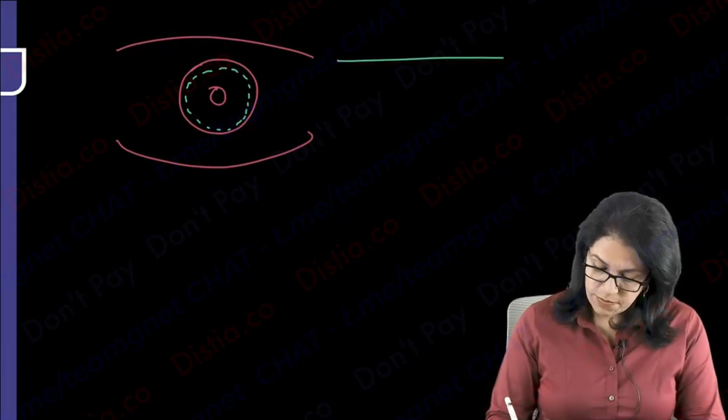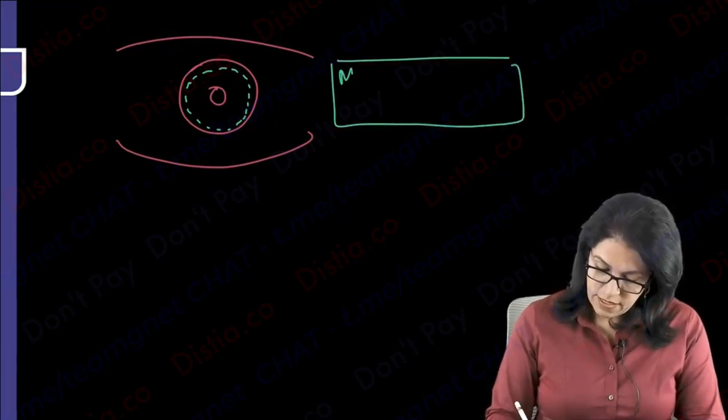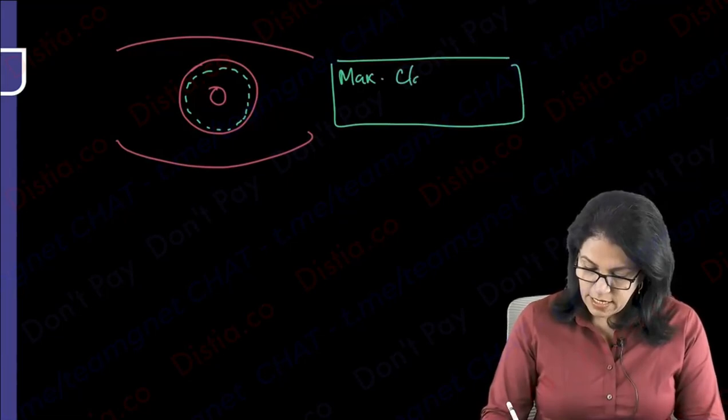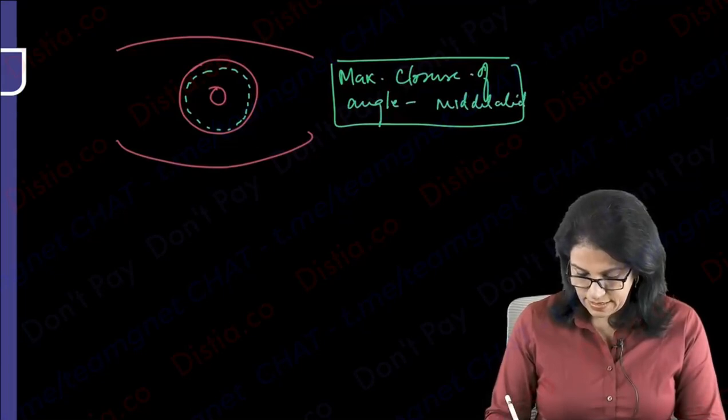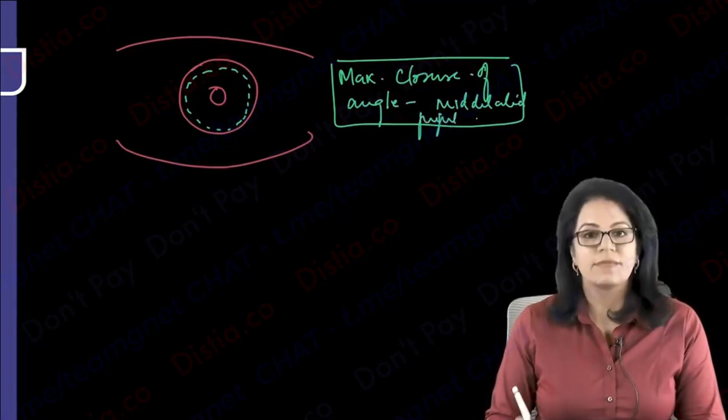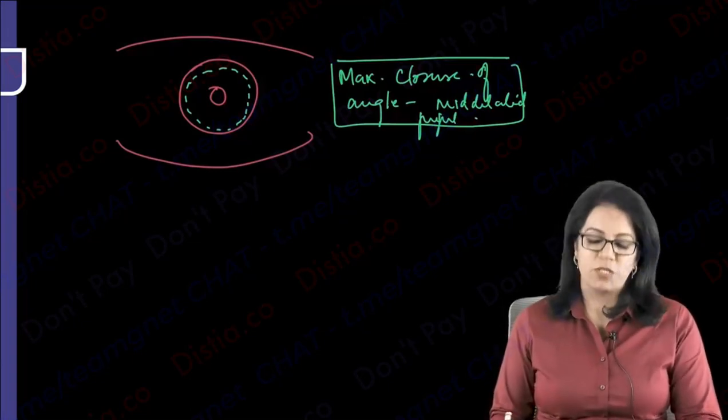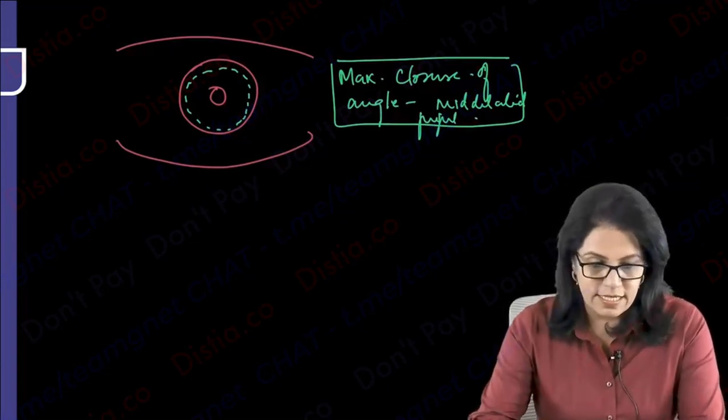Maximum closure, put it in the box, of angle will occur in a mid-dilated pupil. So generally it is seen that the maximum closure occurs in a mid-dilated pupil.